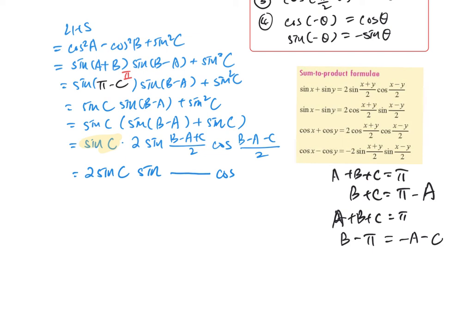As a result, we will get (pi minus 2A) over 2 and cosine (2B plus B minus pi) divided by 2. Okay, so we need to simplify this one. If you want to simplify, because we have the over 2 here, we can't just simplify by using the identity right now.